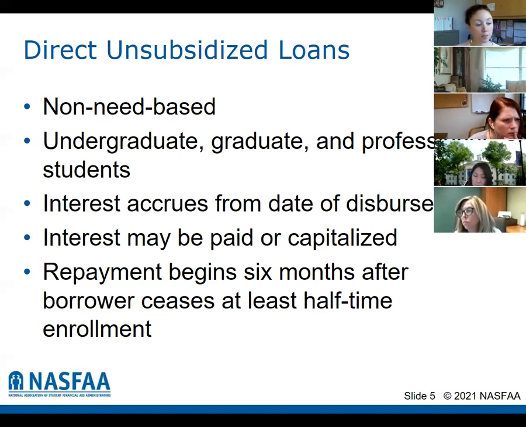Your subsidized loan and your unsubsidized loans are probably split into two disbursements, probably one in the fall semester and one in the spring semester. When the first half of that sub and unsub disburses, for the unsub, that's when the interest starts accruing, just on that first half. Then when the second half disburses at the beginning of the spring semester, interest will start accruing on the second half of the loan.